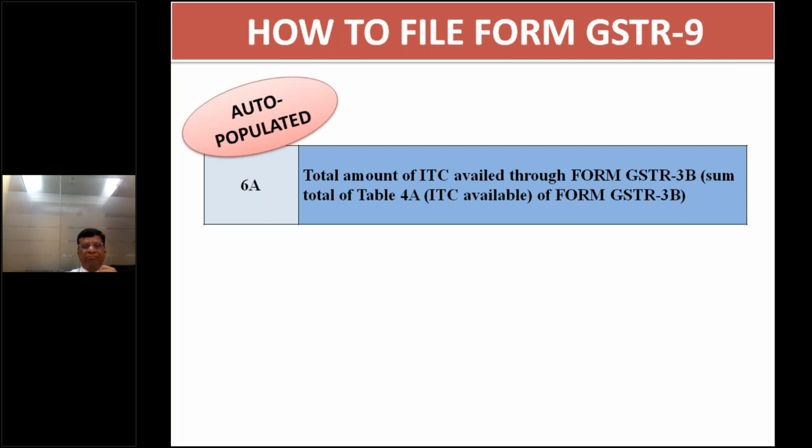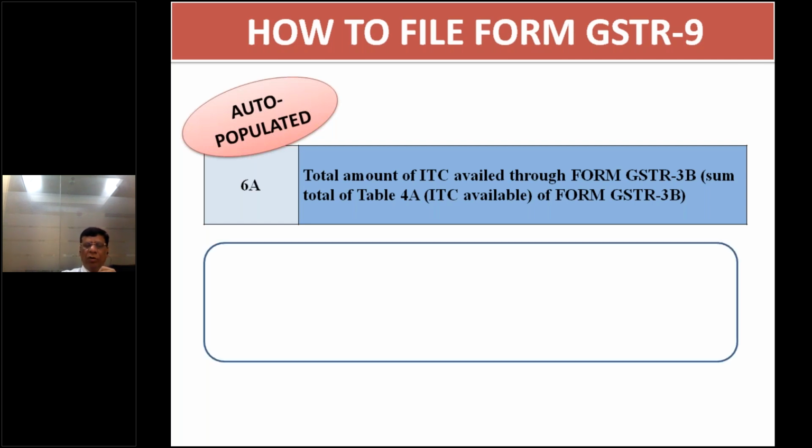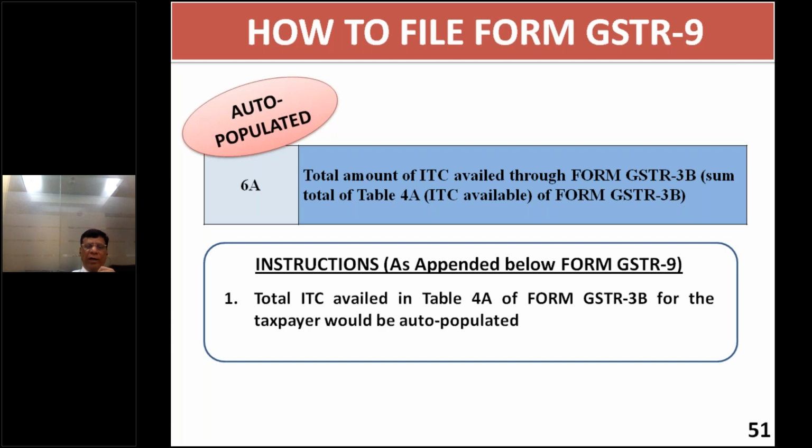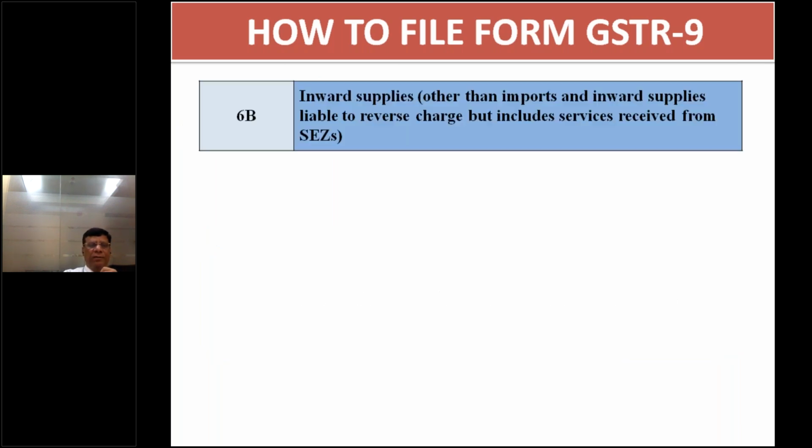So whatever ITCs we have claimed in Form 3B in Table 4A, those would be auto-populated here. Total ITC availed in Table 4A of Form GSTR 3B for the taxpayer would be auto-populated. 6B.